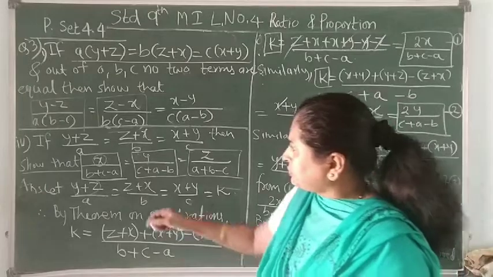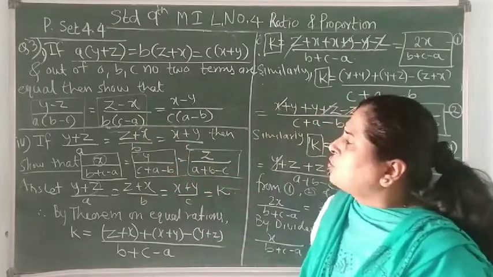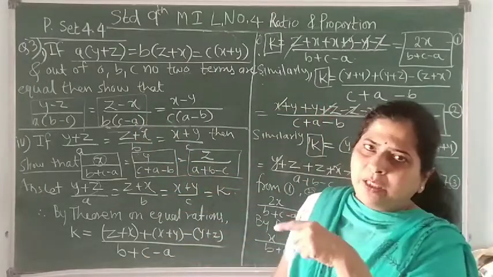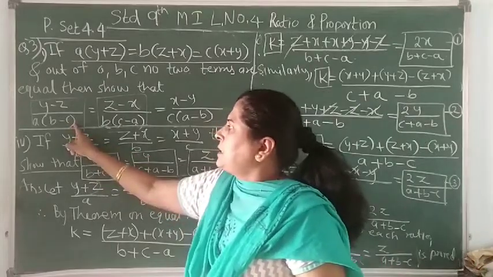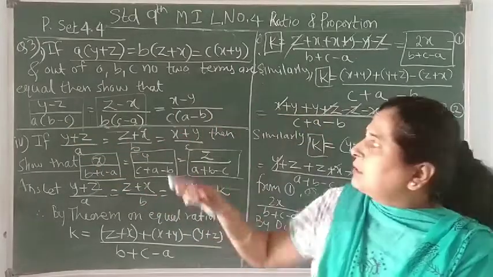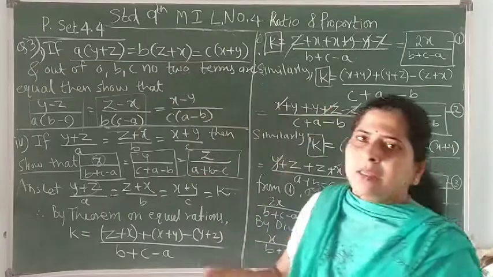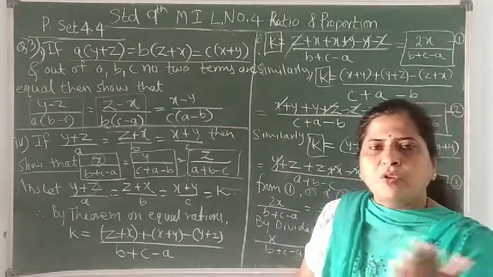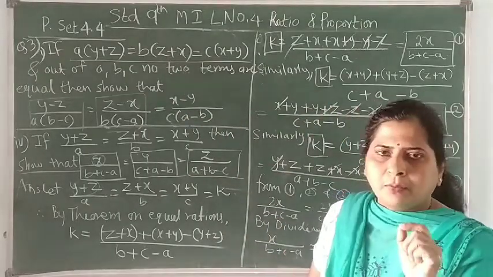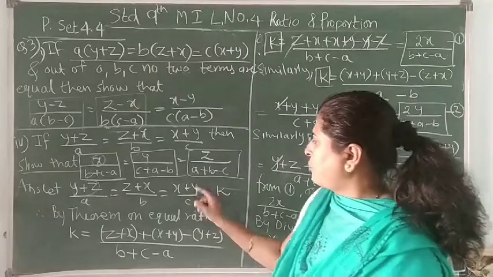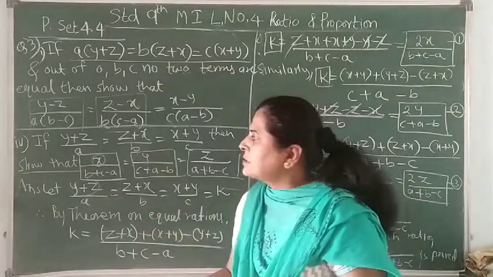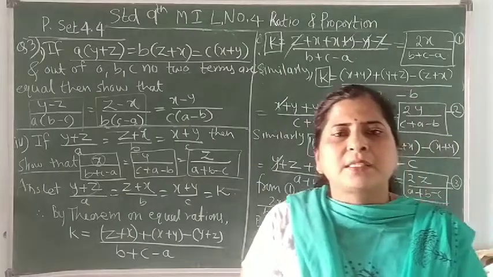Even in the previous sum also we had gone from one term to many. After dividing by abc, whatever we got, we also used the same technique, and here also we have used the same technique. So by using this technique, you can solve sums like this easily.